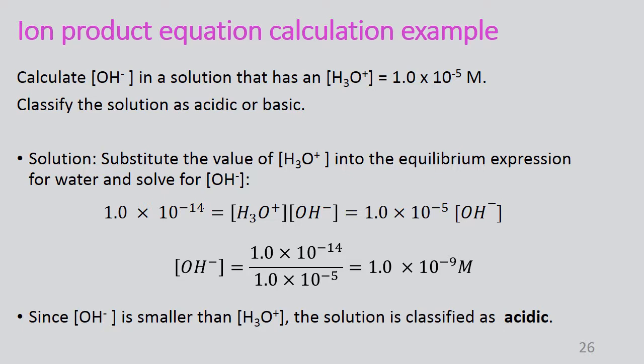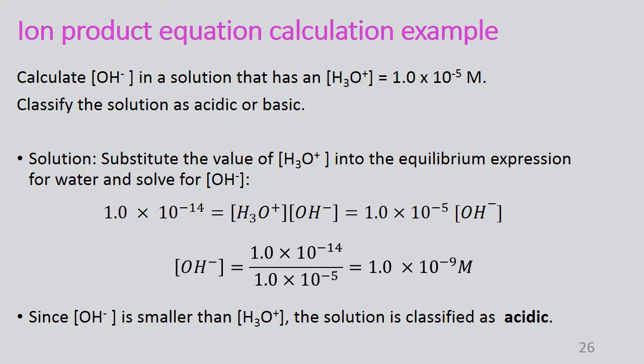Okay, so what we do is we set up our equation, 1.0 times 10 to the minus 14th, which is Kw, equals H3O plus times OH negative. Now if we plug in the 1.0 times 10 to the minus 5 for the H3O plus, because that's what we know, and we solve for OH negative, then we get 1 times 10 to the minus 14th divided by 1 times 10 to the minus 5th, which gives us 1 times 10 to the minus 9th molar.